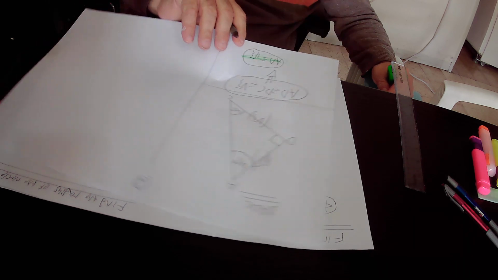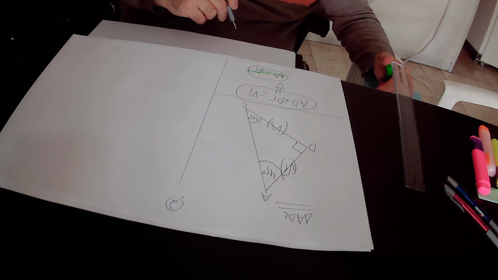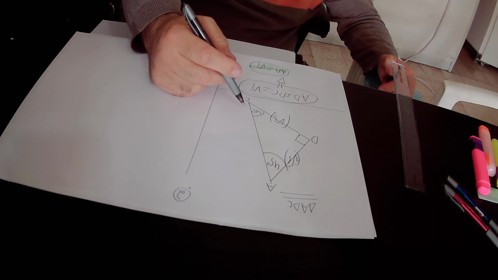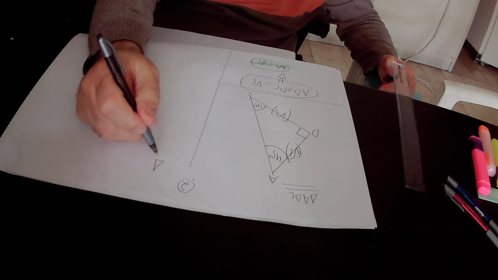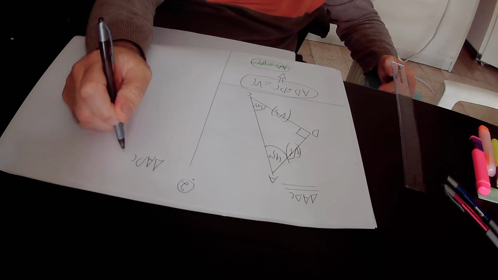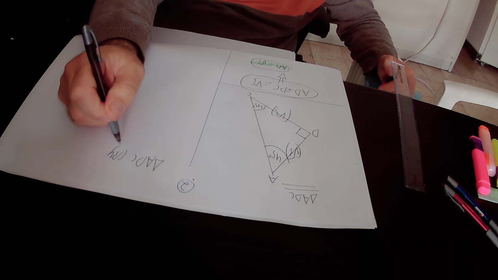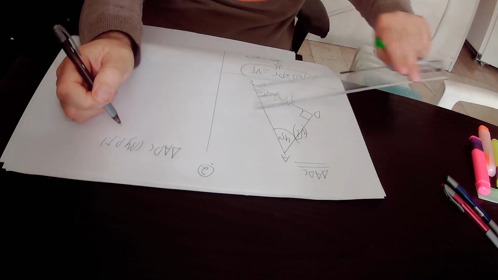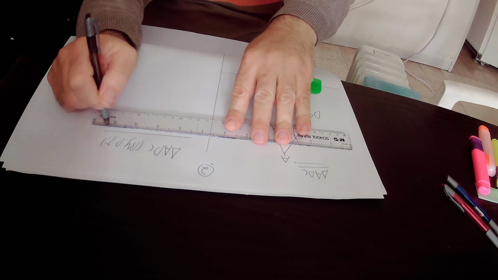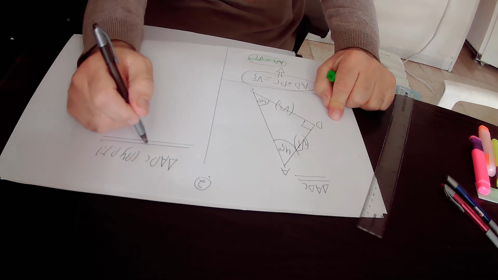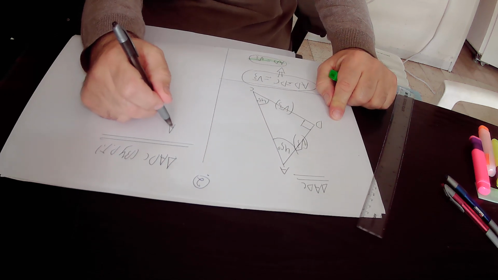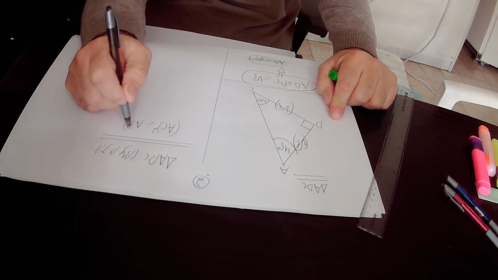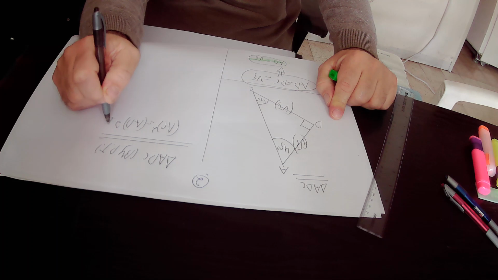We will continue to focus on this right triangle, triangle ADC. Here we will implement the Pythagoras theorem. PT is the abbreviation for Pythagoras theorem. So according to the Pythagoras theorem, in this right triangle ADC, AC squared, that is the square of the hypotenuse, must be equal to AD squared plus DC squared.